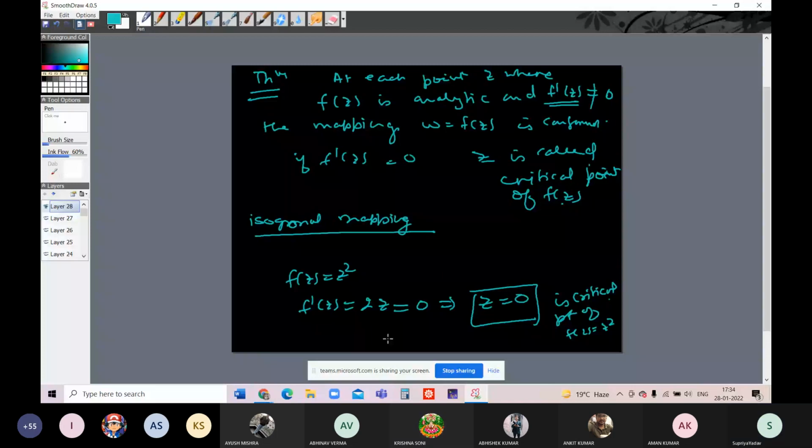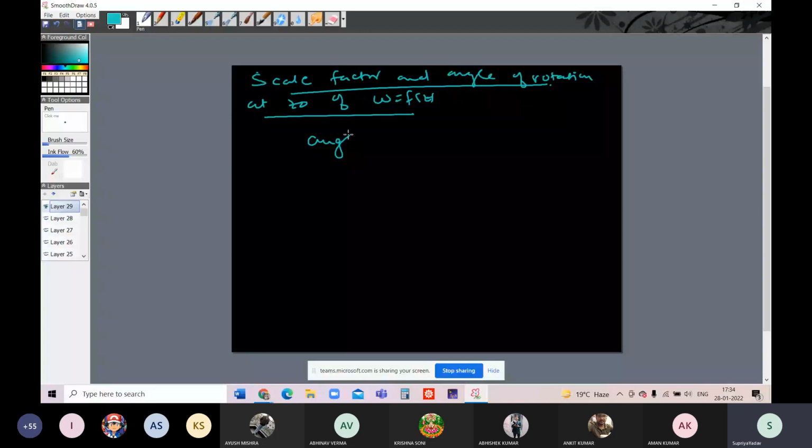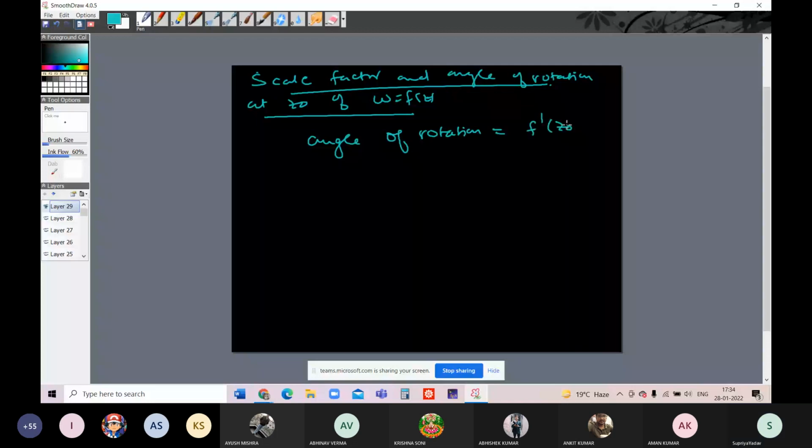The angle of rotation at z naught of a mapping w is equal to f of z is defined as the argument of f dash z naught.